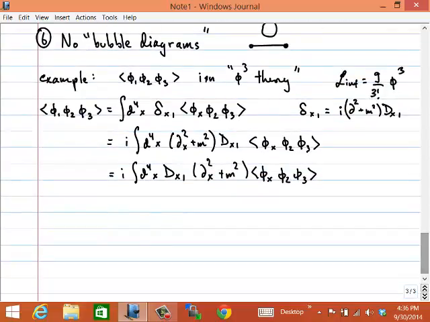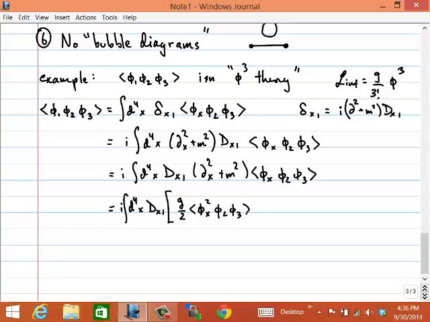And then I can use the Schwinger-Dyson equation, which says that this is the sum of two terms, the first of which comes by substituting in the interaction term, so that was phi x squared times phi 2, phi 3. And the second of which is the sum of two terms, both of which are delta functions.